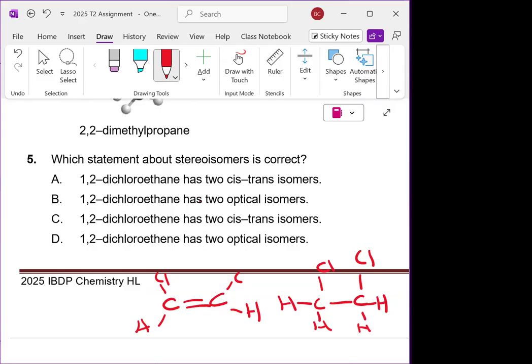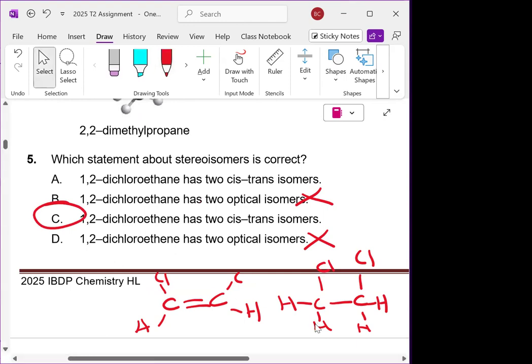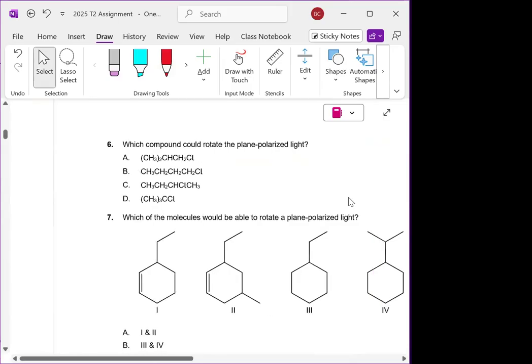So in 1,2-dichloroethane here, we can see there's no optical isomers because there's no chiral carbon. So this will be wrong. Alkene has no optical isomers because it cannot form 4 different substituents. So the best answer for this will be the one which has a double bond and it has cis-trans isomers. C.